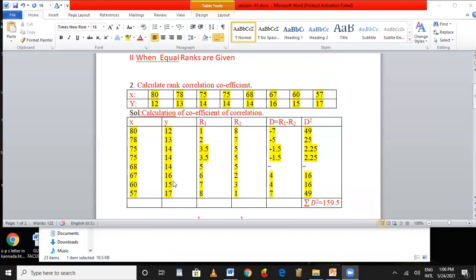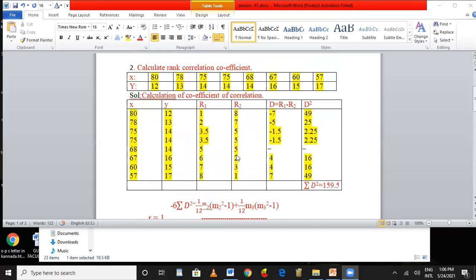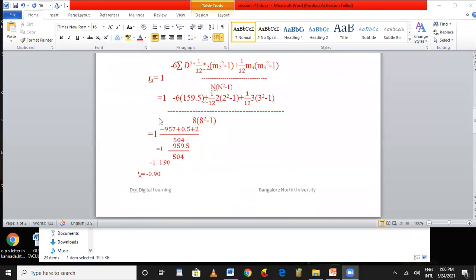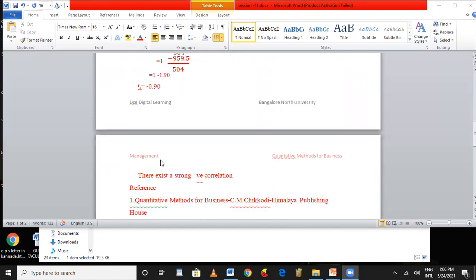Here the correlation coefficient between the two judges, that is the X and Y series, R1 and R2, is negative. The two judges have a negative correlation among their opinions. So this is minus 0.90.